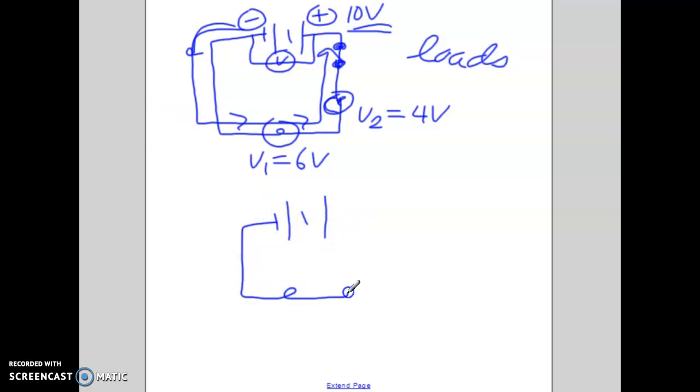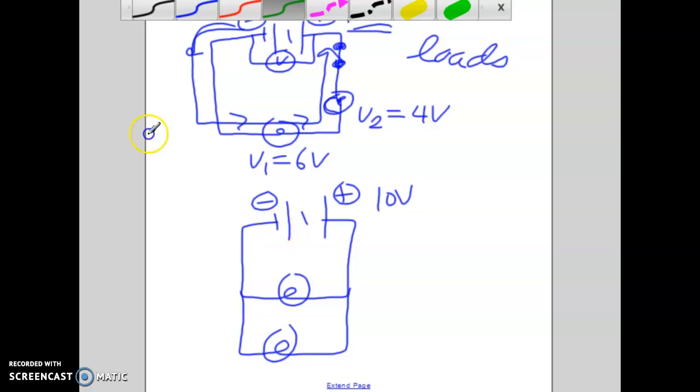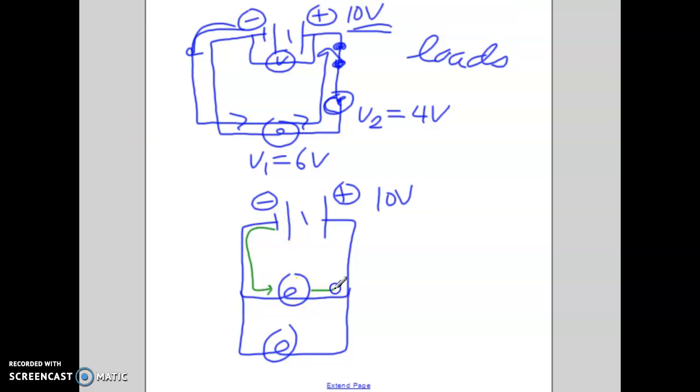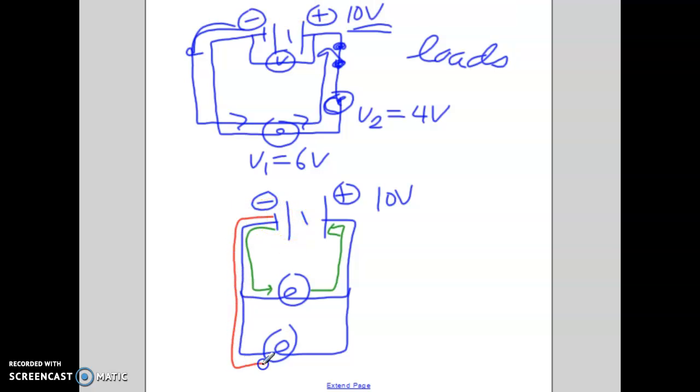when you have only one load on that path, so let's say again I have 10 volts, some electrons are traveling on the green line and some are traveling along the red line. Notice the red and green are together in some points.